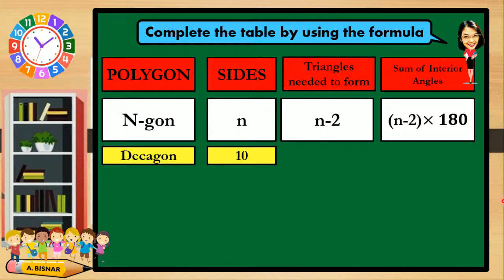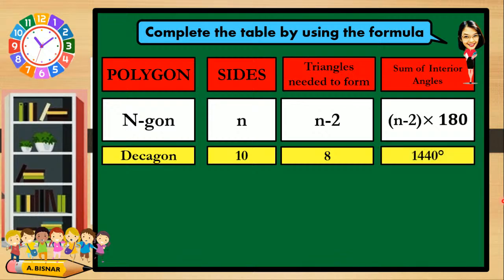So, if it's a decagon, how many triangles are needed to form a decagon if it has 10 sides? And then, ilan yung sum of the interior angles? Okay, that's correct. Michiko. 8 and then 1,440.